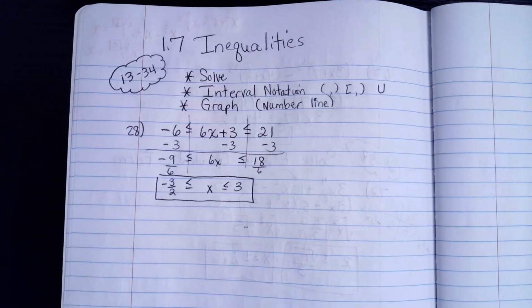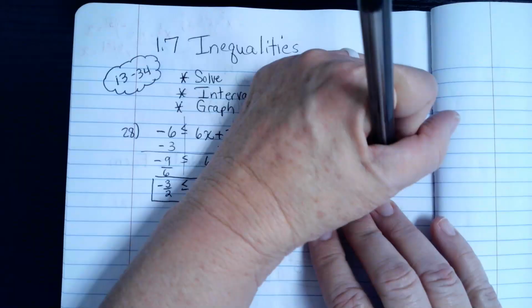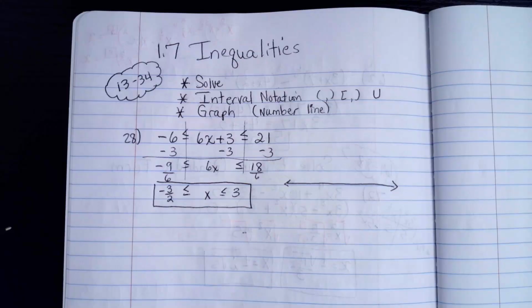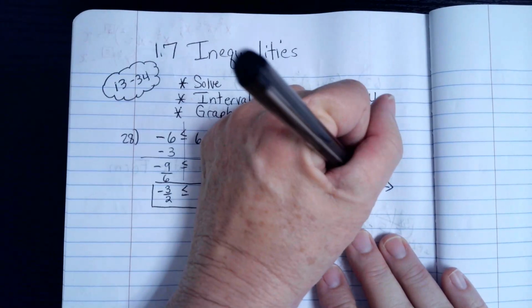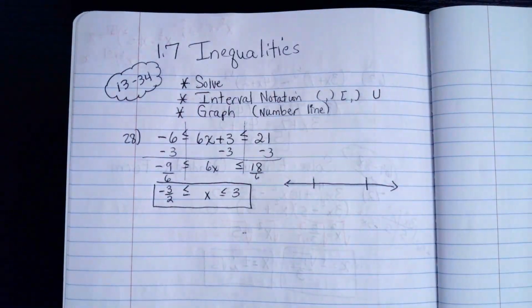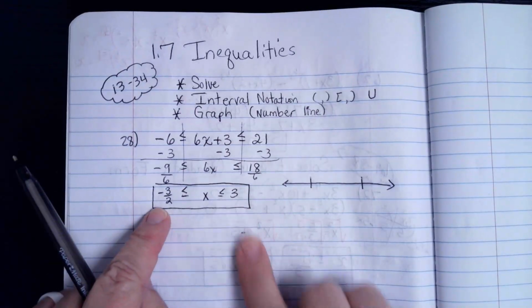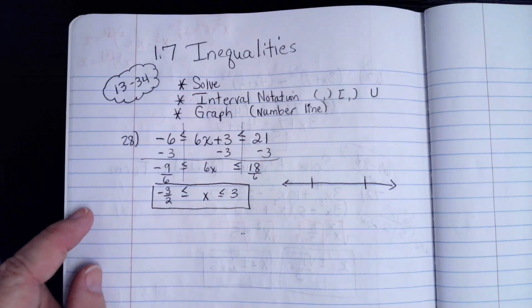But they also want it to be on a number line and in interval notation. I find it sometimes easier to go from here to the number line and then go from the number line to the interval notation. Now, you only have two values. In calculus, these would be called your critical values.